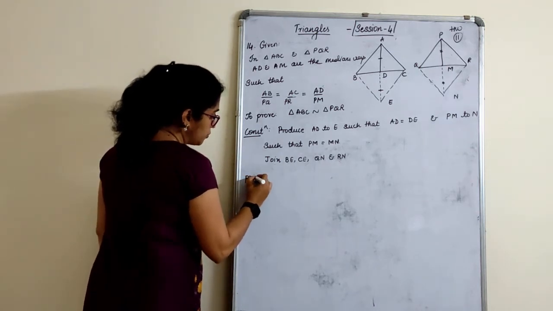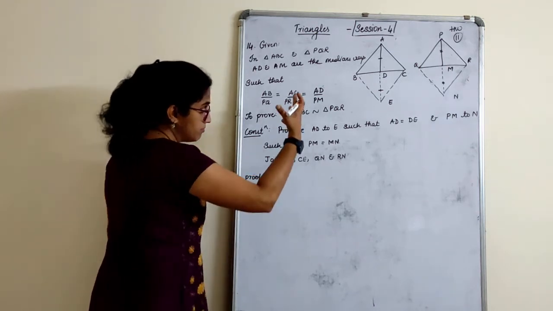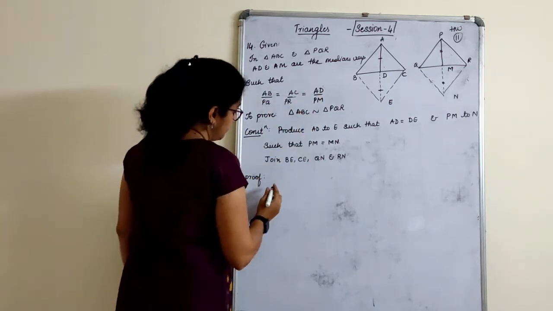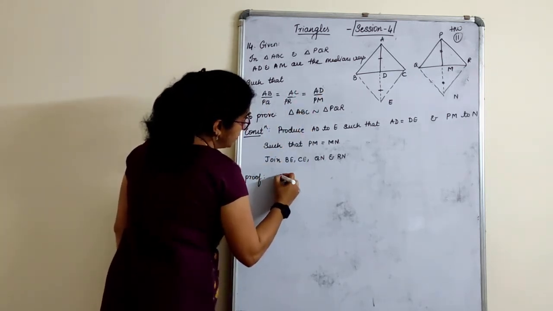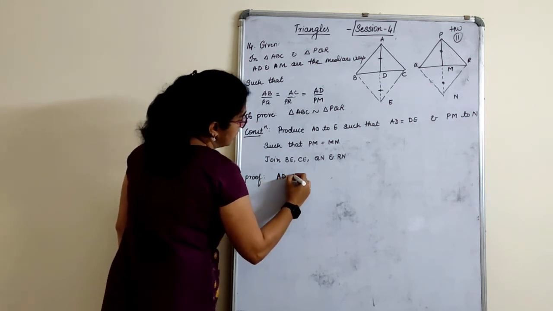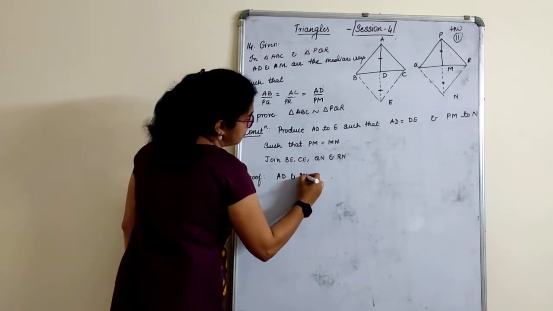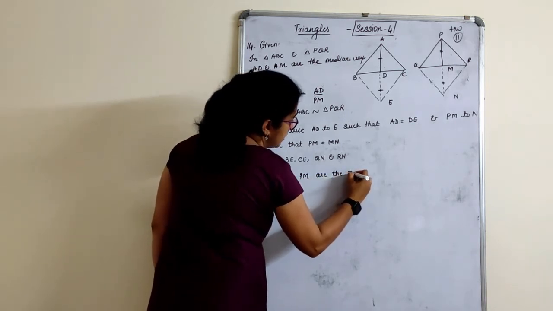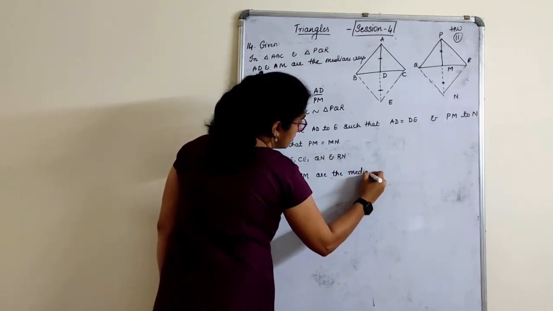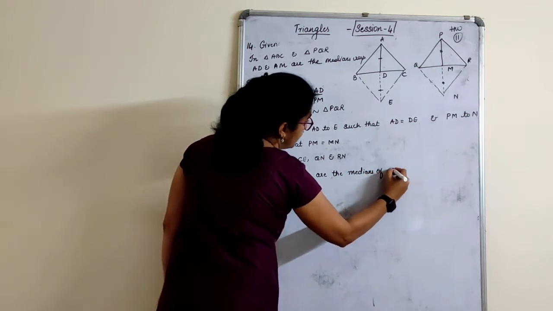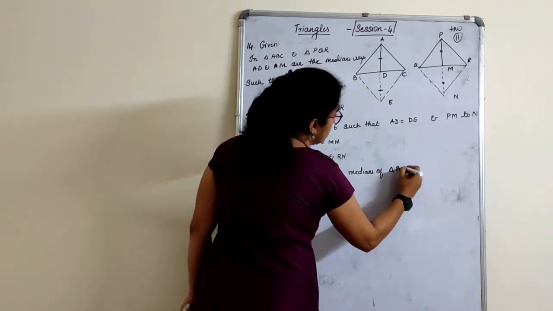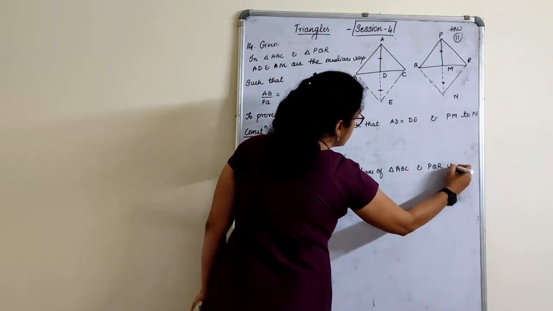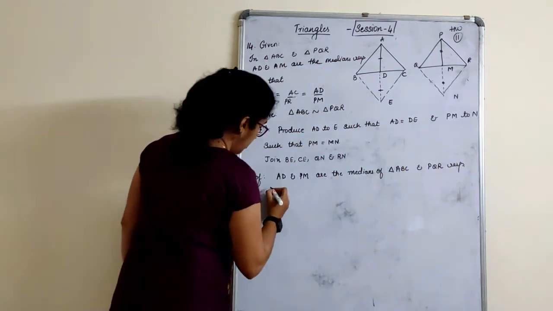Now come for the proof. I'll write starting few things here. What all conditions I want, I'll apply that here. Proof: AD and PM are the medians of triangle ABC and PQR respectively.